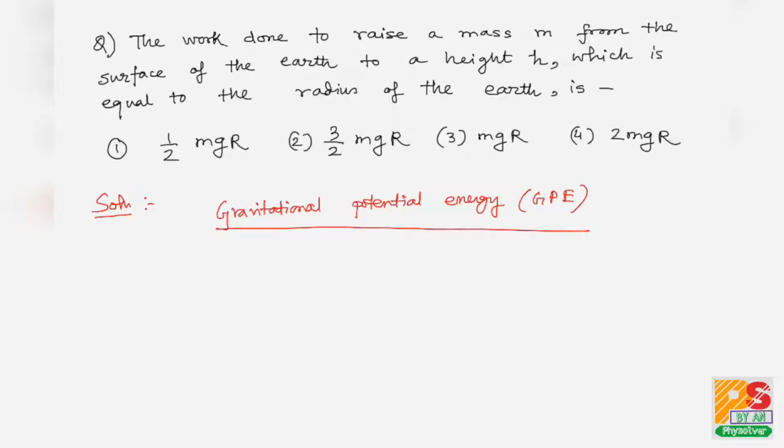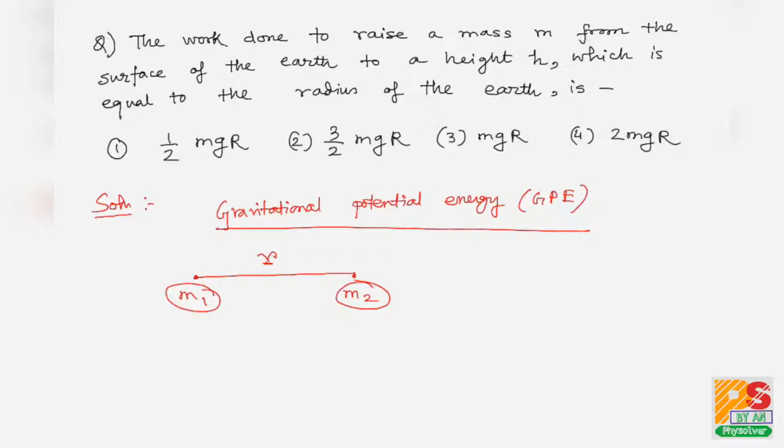Gravitational potential energy is always defined for a system of masses, like this simplest system you can think of: two point masses m1 and m2 situated at a distance r from each other.